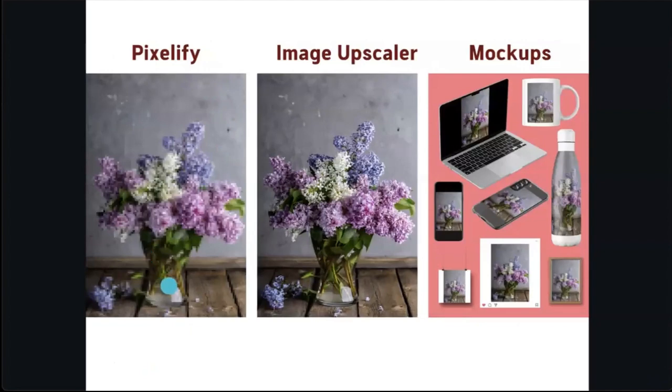Pixelfy, I don't know what you would use this for, but I put it in here. It's if you want to make the image more pixelated looking. And then image upscaler does the exact opposite.